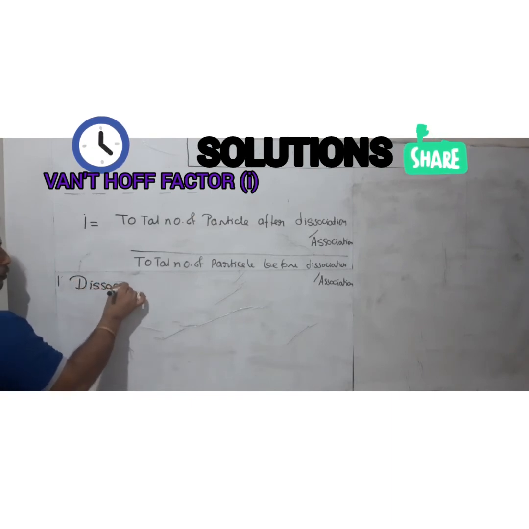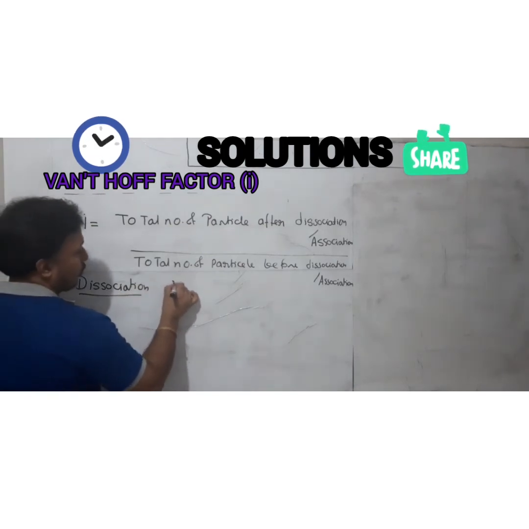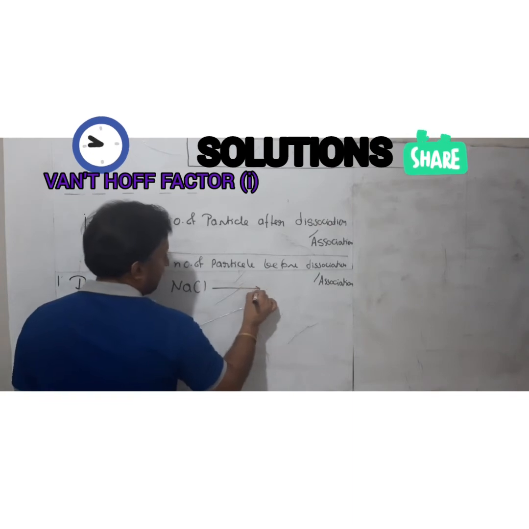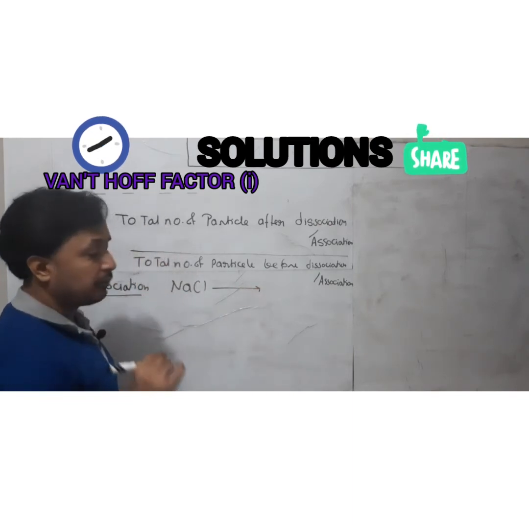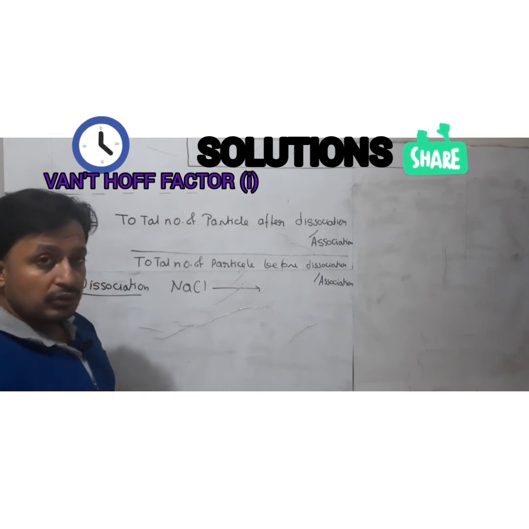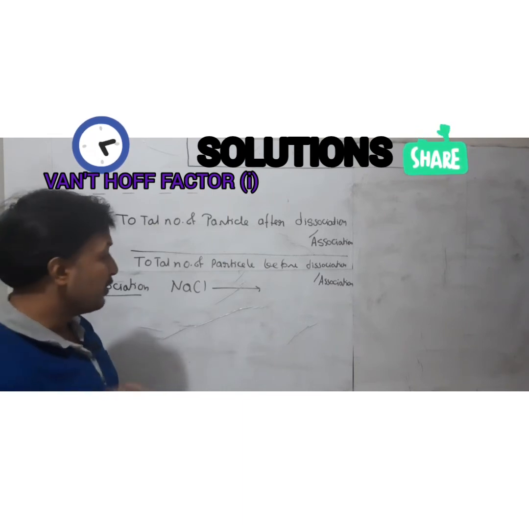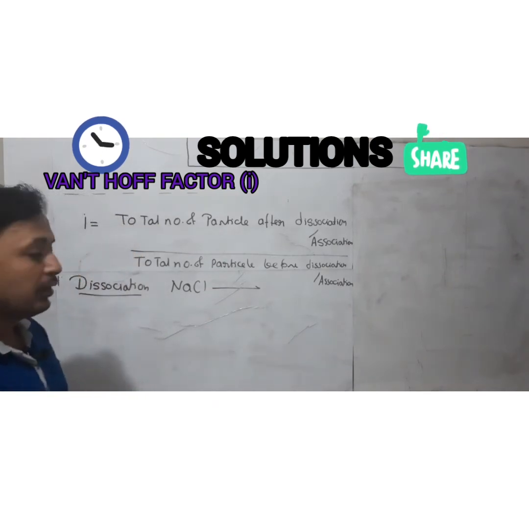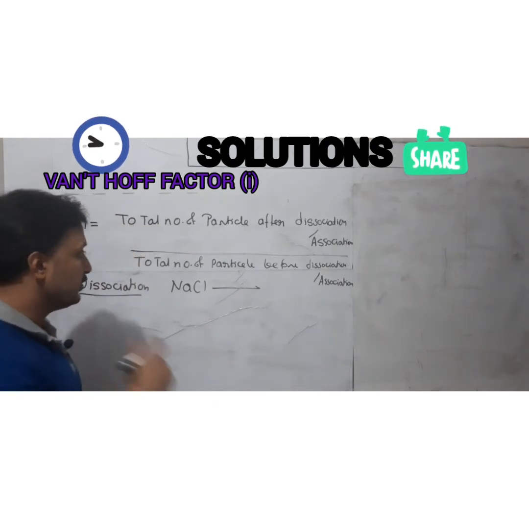Okay, so dissociation, we will be continuing with our same example, like sodium chloride. Suppose sodium chloride is there and it will be undergoing dissociation. When we have seen this example previously, we used the case of 100% dissociation, but here now I'm not taking the 100% case, because not all electrolytes can undergo 100% dissociation.